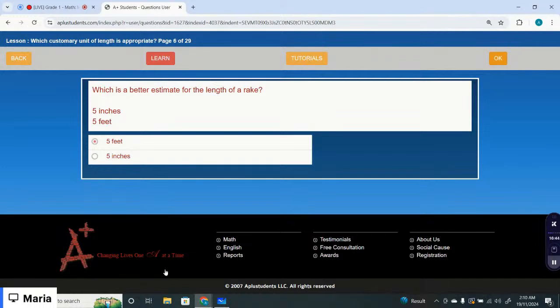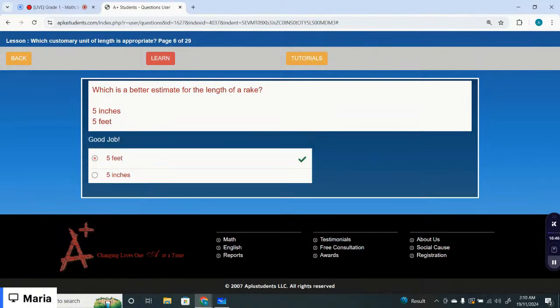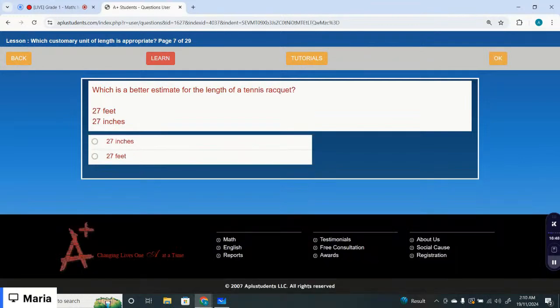Option number one is the correct option. Okay, very good. Which is a better estimate for the length of a tennis racket? 27 feet or 27 inches?